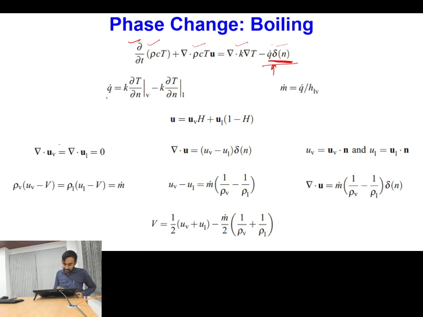So this can be calculated in a way as K times del T by del N in the vapor phase minus K times del T by del N in the liquid phase, where N represents the direction normal to the interface. So your situation will be that the interface cell will be at which temperature? Saturation temperature.